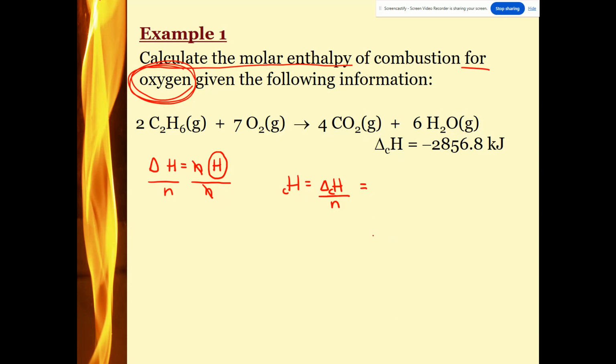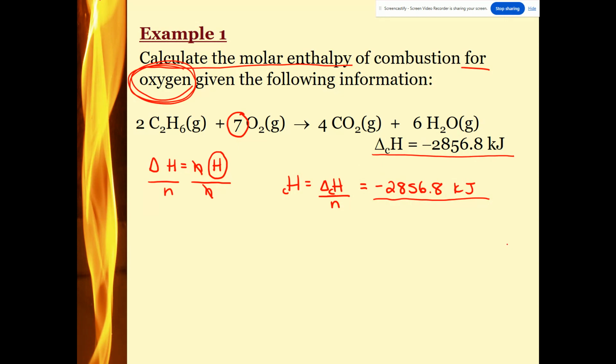So my delta H was negative 2856.8 kilojoules, but what is my n? So there's no mass given, there's no concentration and volume given, but we have a balanced chemical equation that shows when 7 moles of oxygen react, this much energy overall is released.